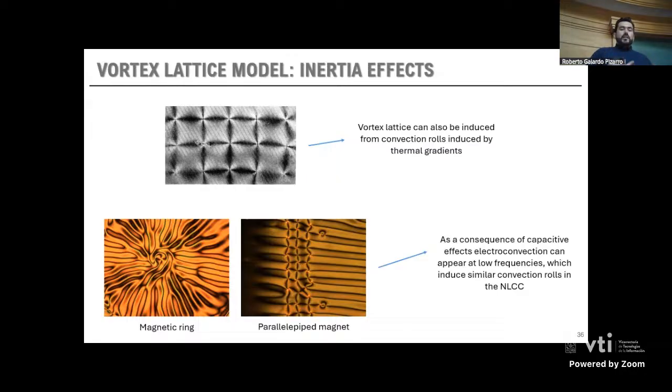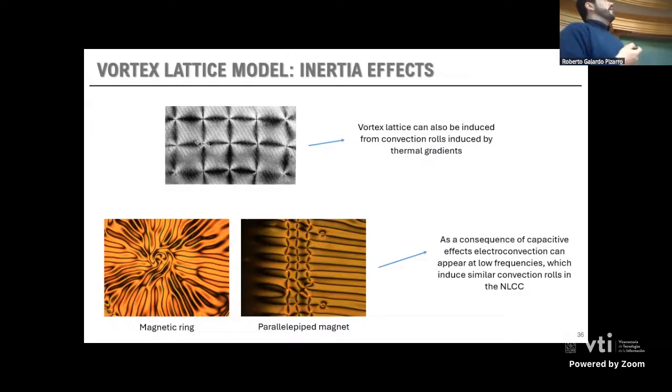So it could be that the origin of these lattices is from these convection rolls, as we can observe, for example, in the case of the magnetic ring, in which these convection rolls are distributed with a roughly azimuthal symmetry. And in the case of a parallel ribbon magnet, we have a vortex lattice that is very, very similar to the one that is obtained by thermal gradients.